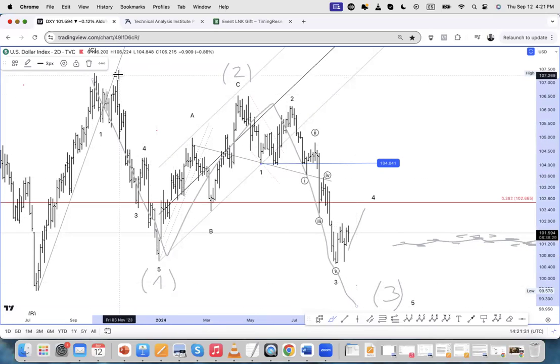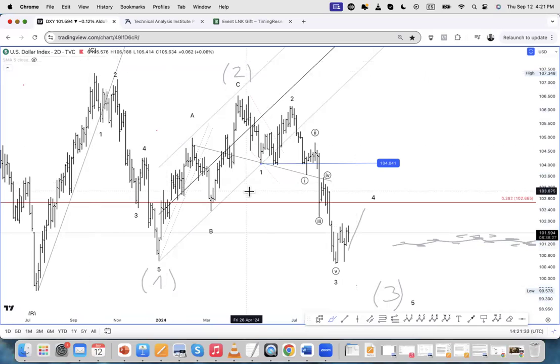But because we know that the structures of A, B, C's, they should have a certain number of waves as well. The guidelines and rules of the wave principle teach us what to expect. So if we were wrong, and this was not a 1, 2, and a 3, let's say that we were here, okay?